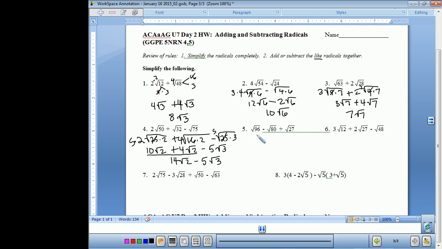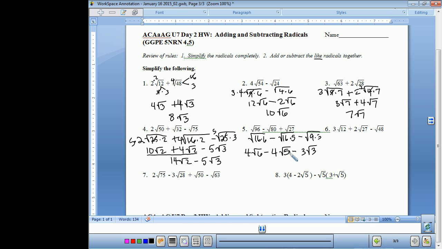That is our answer. Okay, 96 will break down into 16 times 6. 80 will break down into 16 times 5. And 27 will break down into 9 times 3. So this becomes 4 roots of 6 minus 4 roots of 5 minus 3 roots of 3.